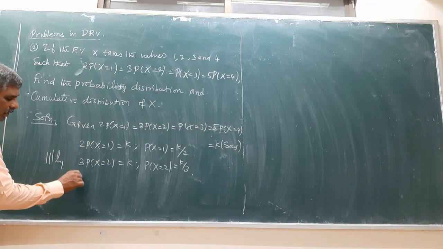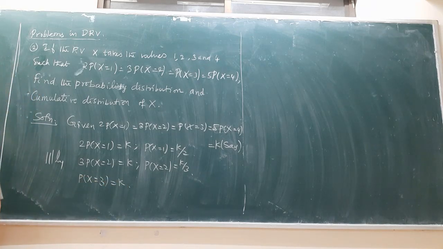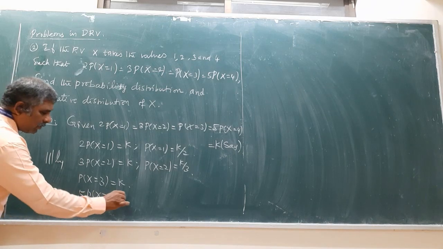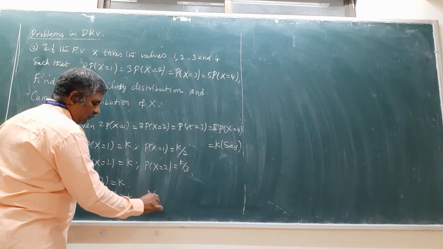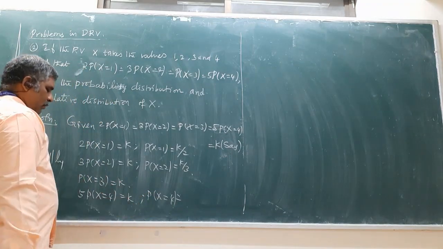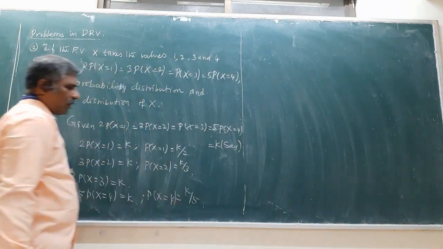Probability of x equal to 3 is k. The last one is 5 into probability of x equal to 4, which is equal to k. Therefore, probability of x equal to 4 is k by 5.